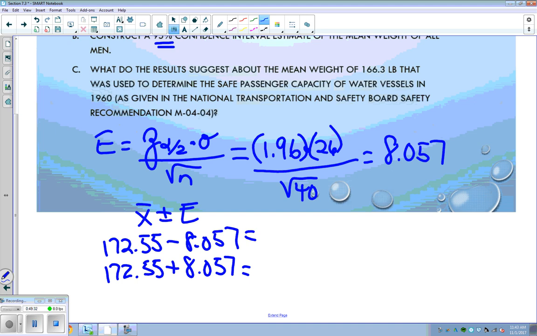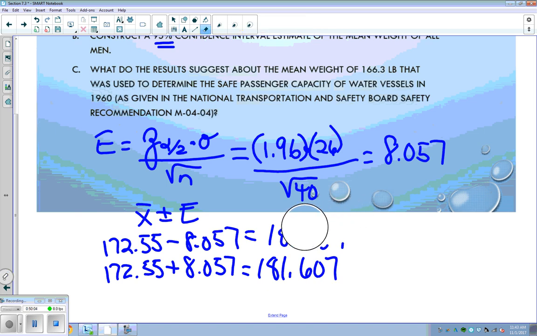Somebody's going to help me out. 172.55 plus 8.057 is 180.607. We'll round it in just a second.